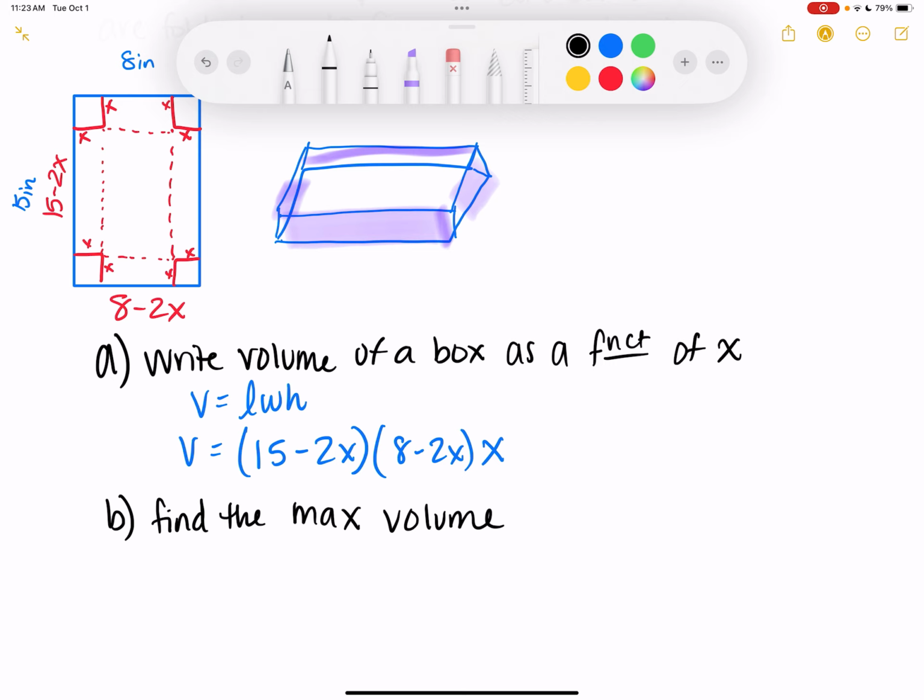So type it in just as it's there. Max volume. Would it be 88? We're not done yet.